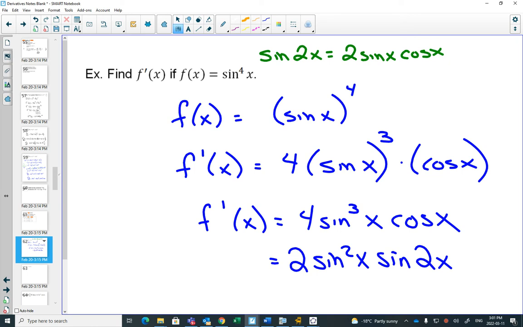Having that in your head, can you see how I went from here to here? If I took out a 2, a sine x, and a cos x and rewrote it as this, what would I be left with? I'd still be left with a 2. I'd still be left with sine squared. Agreed?